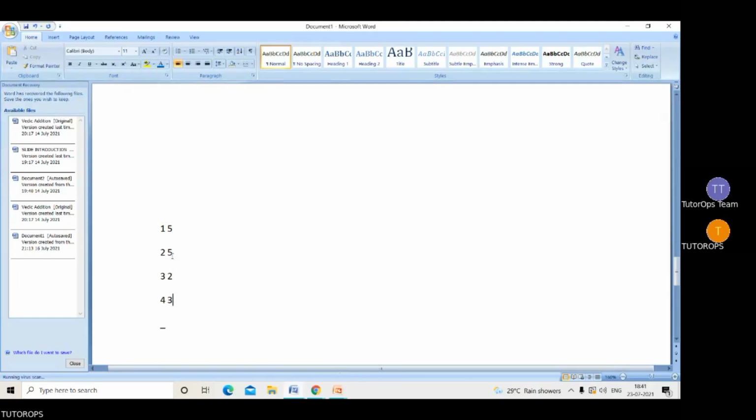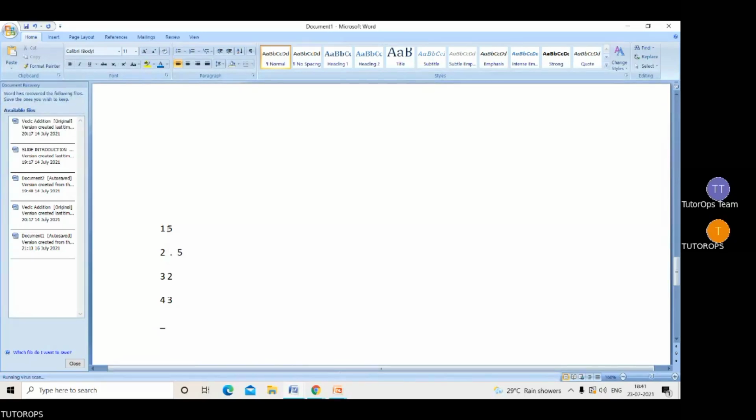5 will be carried forward. So 5 plus 5 will be 10 here. We need to put a dot. We will put a dot before 5. Dot means 10. So 3 plus 2 is 5, and 5 plus 5 is 10. We are putting a dot, so 0 will go forward.